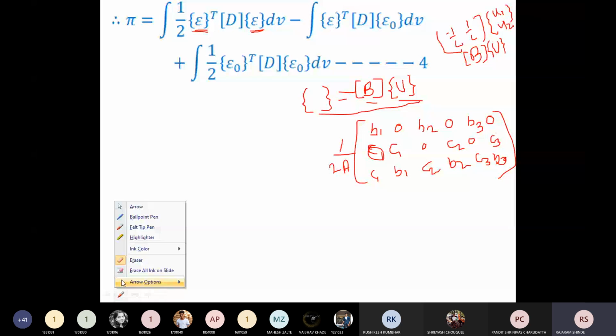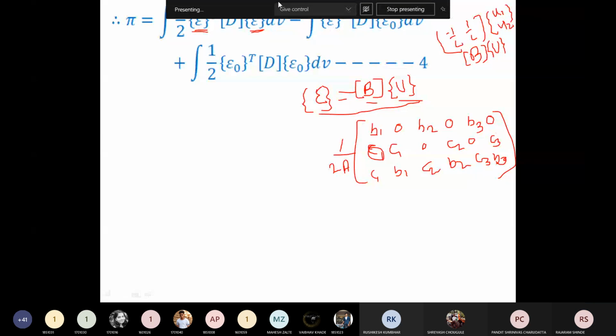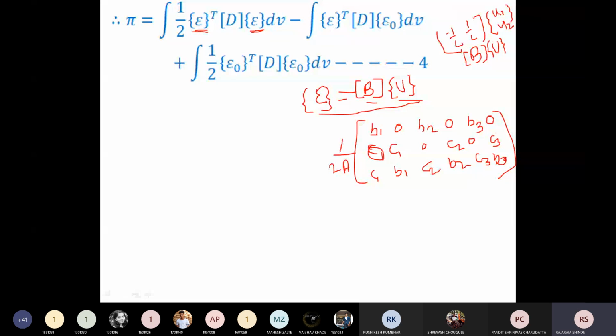You know this equation. Am I right? Now I want to replace epsilon in this equation number 4 by B into u. That is, all epsilon terms I am going to replace by B into u.